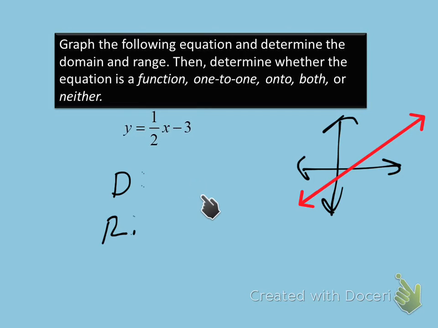The relationship between 5 and its y is you multiply it by 1/2, so 5 halves, subtract 3 off of it. So what would that be? 5 halves minus 6 halves is negative 1/2. I can't do math. That's the relationship between those two.